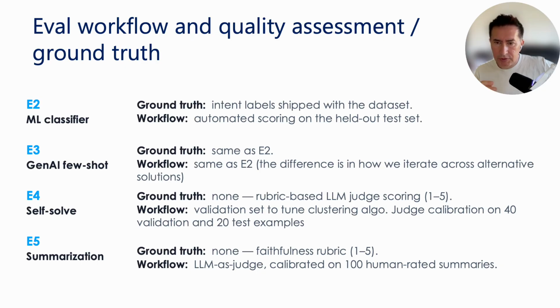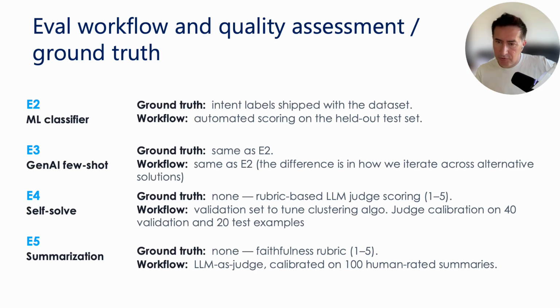For E4, we have discussed how we can think about the evaluation workflow and the judge. And for summarization, that also follows similarly to what we said for E4. Most likely, we're going to want to have an LLM judge that judges the quality of the summary.